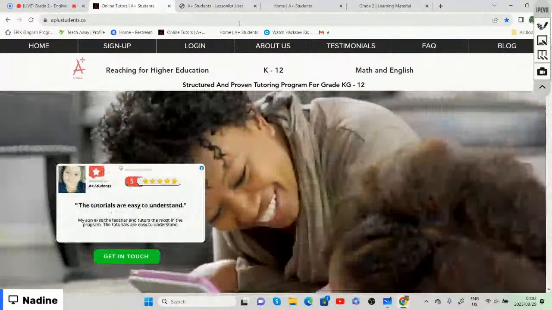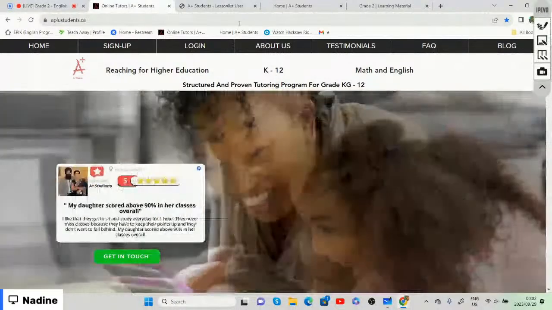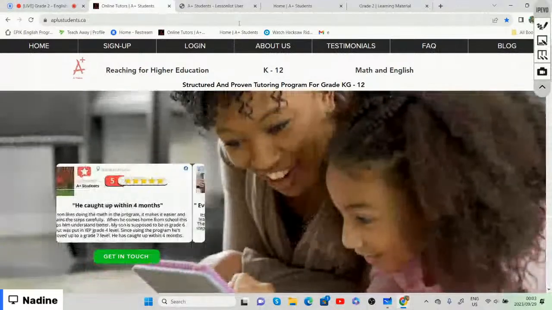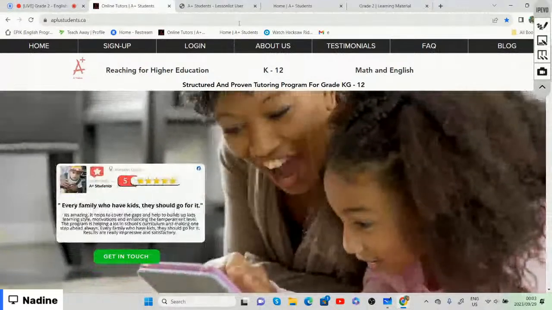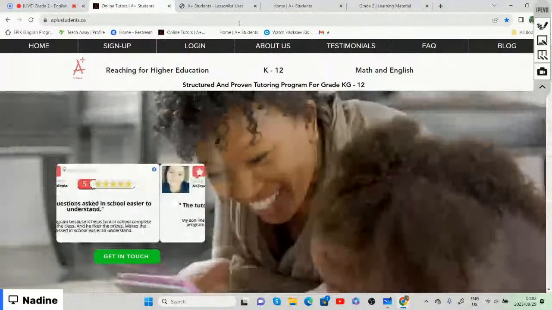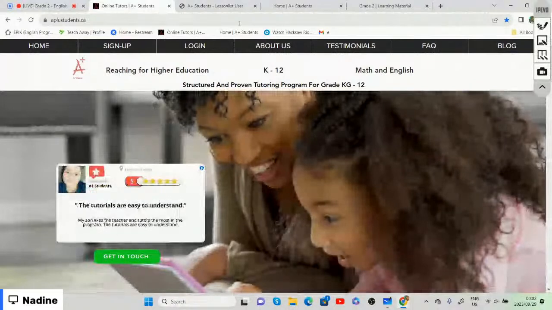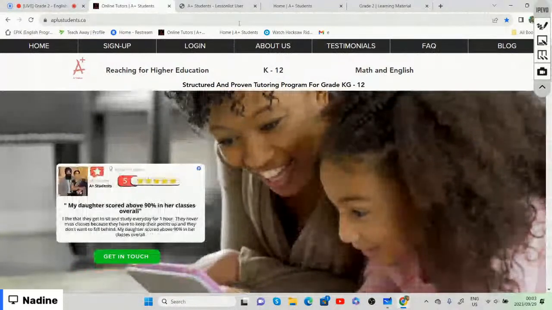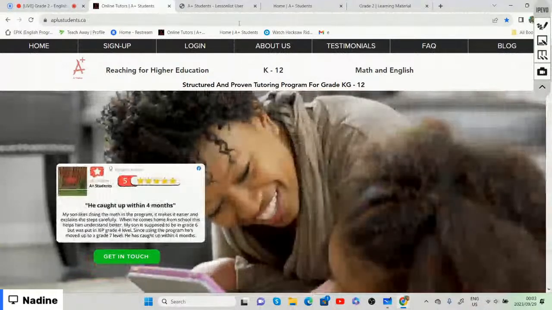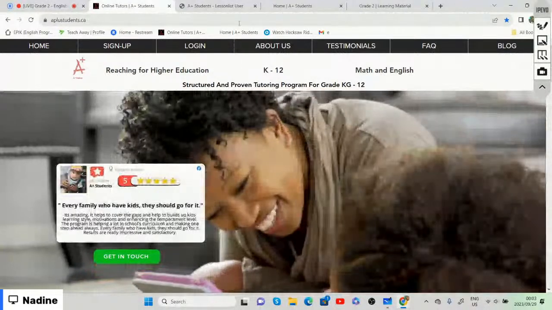Once we've logged into aplusstudents.ca with our username as well as our password, we're going to select the subject of language arts. And we're going to select grade 1, grade 2.